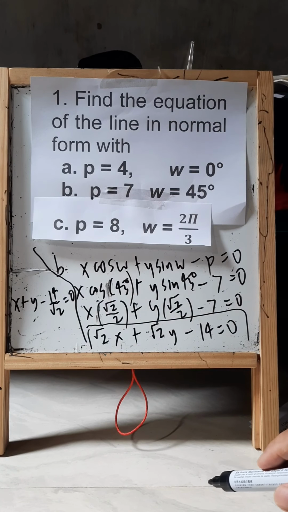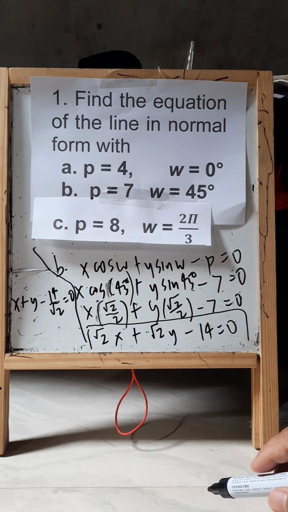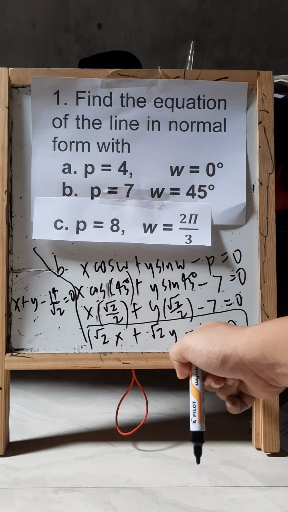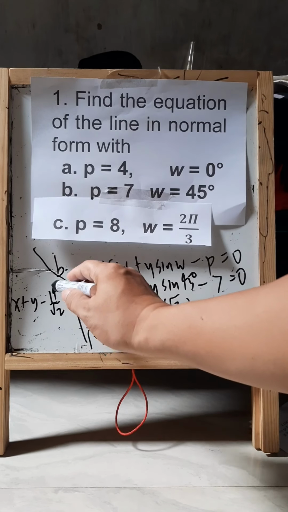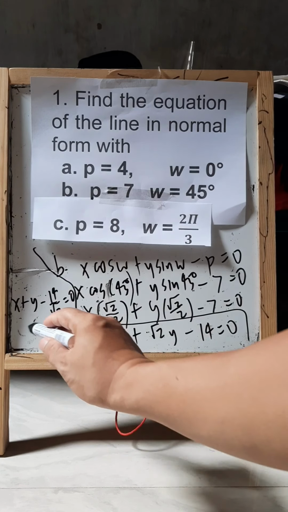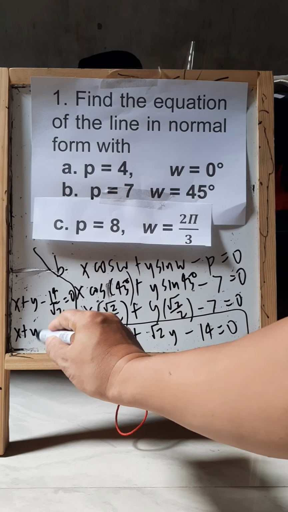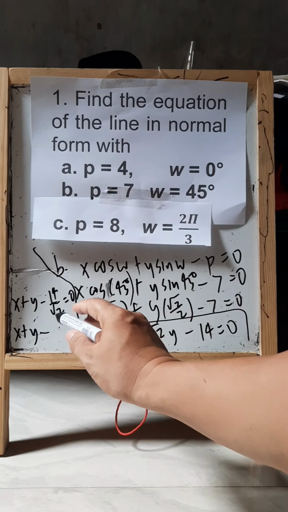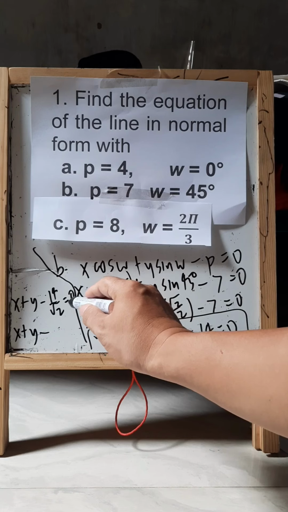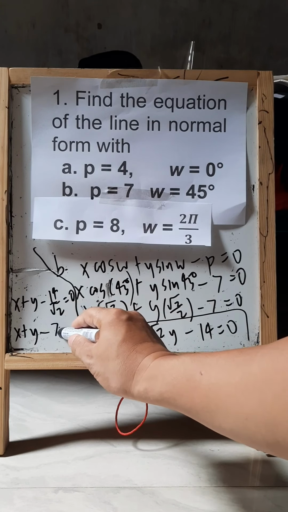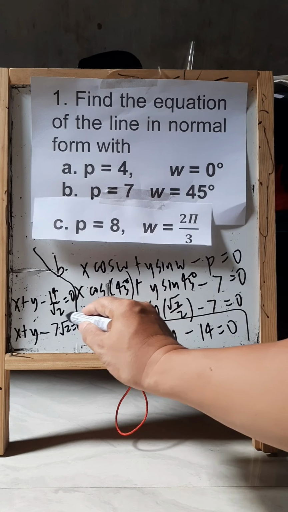Divide all terms by square root of 2, so x plus y minus 14 over square root of 2. And if we're going to rationalize this, we can have the equation x plus y minus 14 square root of 2 over 2, which is minus 7 square root of 2 equals 0.